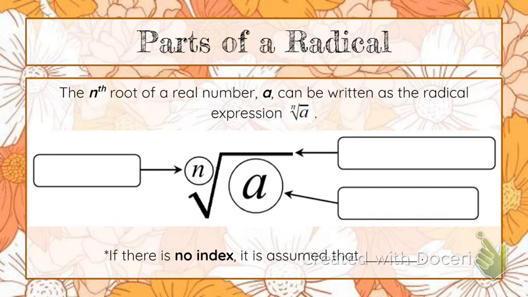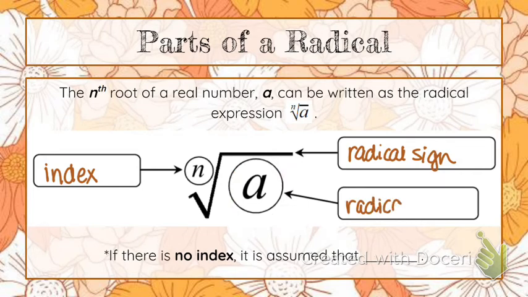The n is called the index. That's what that part is called. This little check mark is just the radical sign. It's just a symbol. And then a, the number under the radical, is called the radicand.